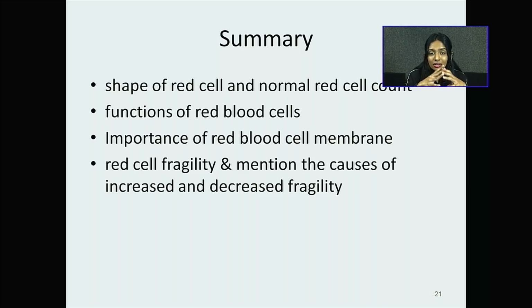So naturally, if oxygen binds more firmly with the hemoglobin, it will not be available for body tissues, so it will not be delivered properly to all the body tissues. So to compensate for that decreased amount of oxygen to the body, the body will produce more RBCs. So that's why infants will have more RBCs.